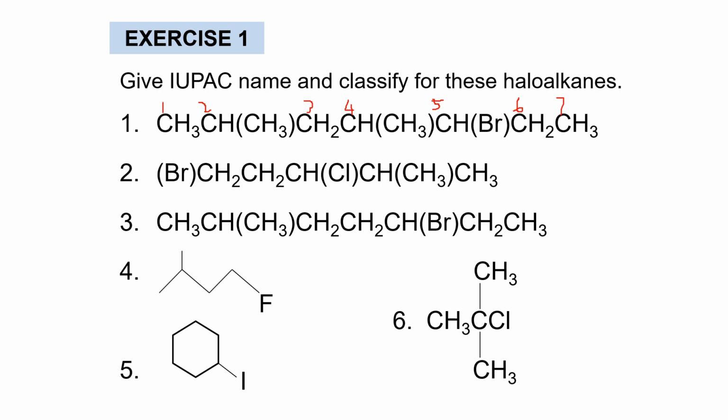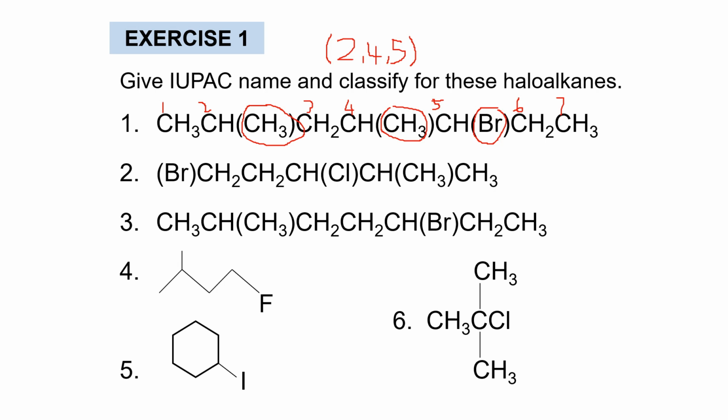On carbon number 2 we have the first substituent, methyl. Carbon number 4 has another methyl group, and carbon number 5 has bromine. So this is the first set of locants.